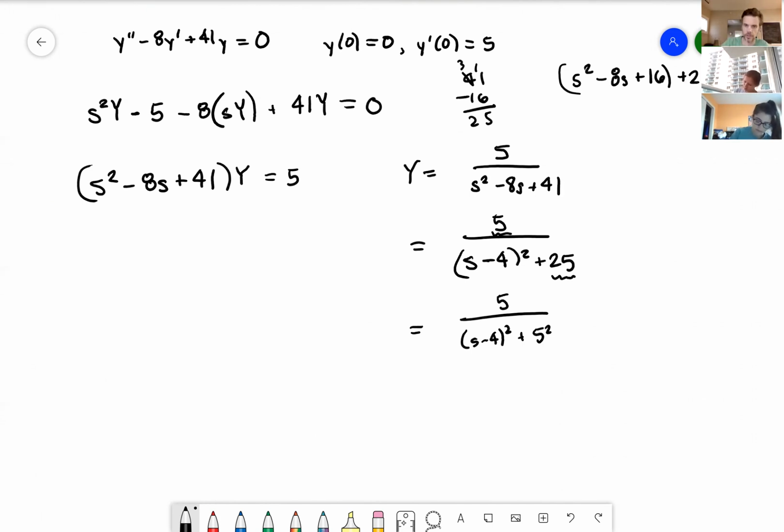Let me look at the table just to double check to make sure I don't screw this up. But it should be y of t is going to be, oh, they actually have it in the table. That's really convenient. They have cosine shifted.